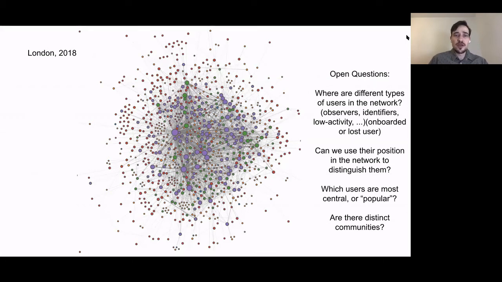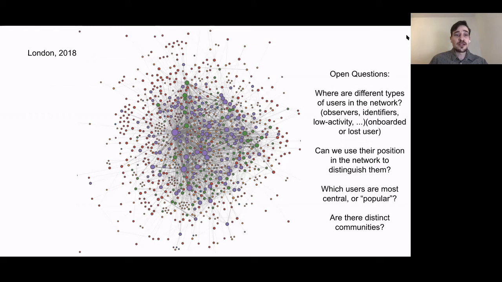Or we also want to look at the user attrition and where these onboarded or lost users are, for example, in this network, and whether we can see how active a user is going to be on the platform depending on where in this network the user is situated. And so, yeah, the question is, can we use their position in this network to distinguish the users?